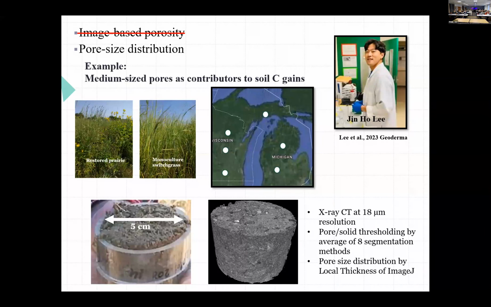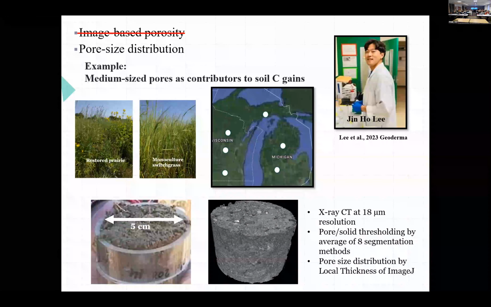As an example, I'm going to tell you a little bit about the work that a PhD student in our lab, Jinho Lee, did as part of his dissertation. He worked with soils collected from 6 experimental sites going all the way north to south in Michigan and Wisconsin.